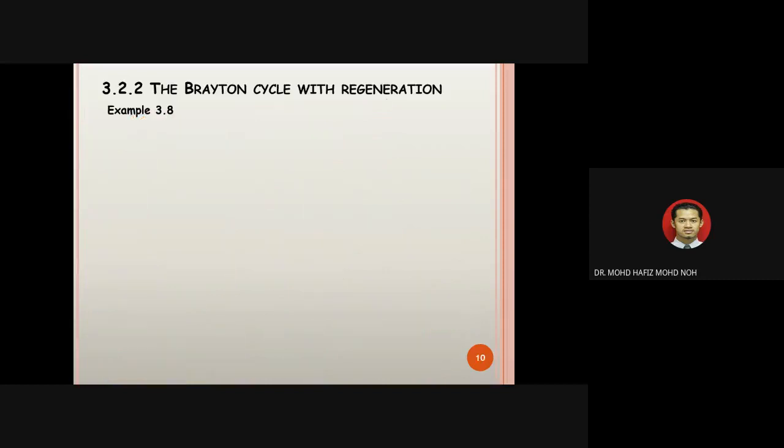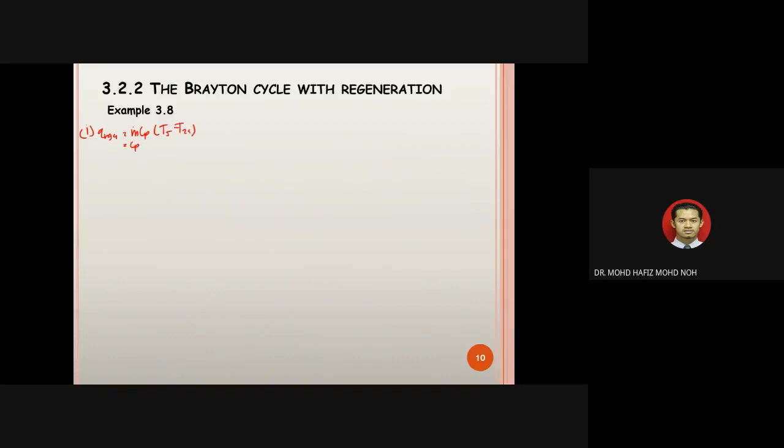Now you start answering the questions. The first question is to calculate the value of Q regeneration. Q regen is m dot Cp (T5 minus T2 actual).